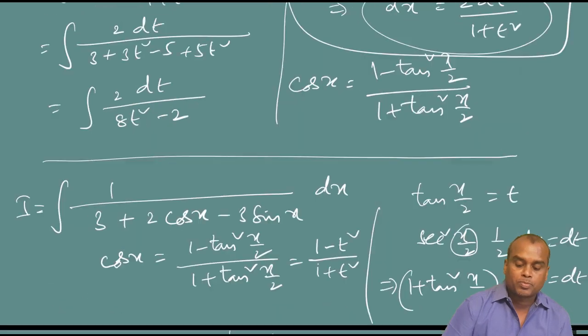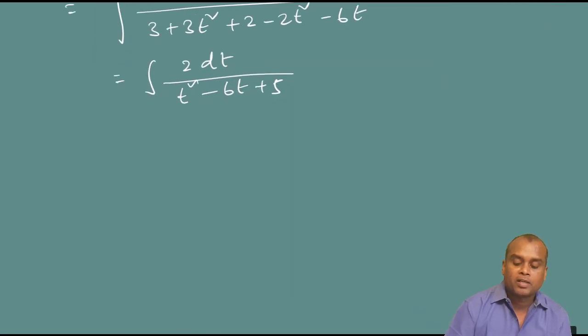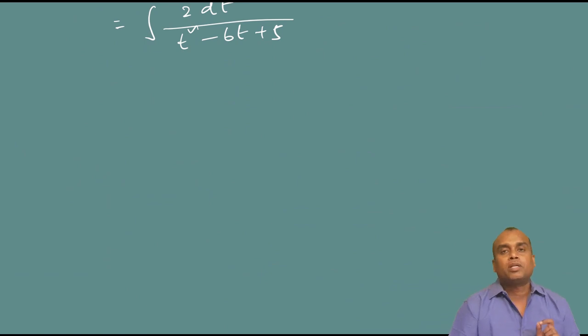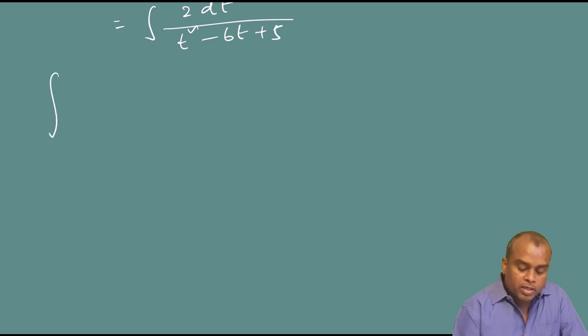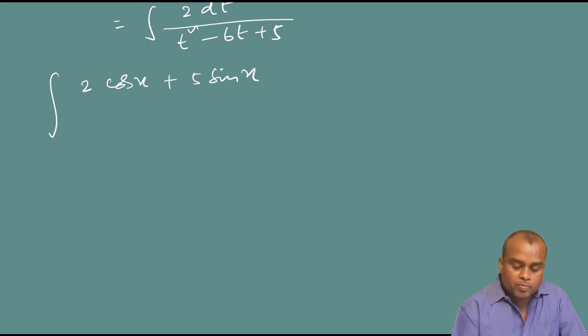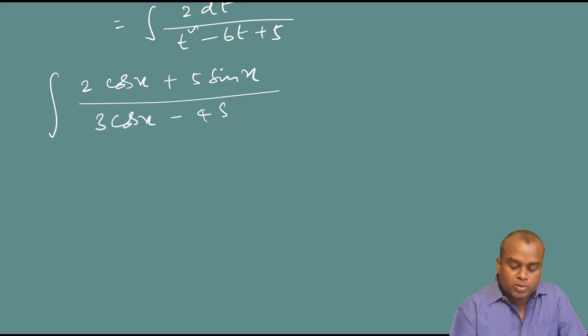So in such problems, when the integrand is only in terms of sin x and cos x, numerator and denominator, the way you have seen without constants, then what we do is, I write here one example. Say it is 2 cos x plus 5 sin x by, say, 3 cos x minus 4 sin x dx.